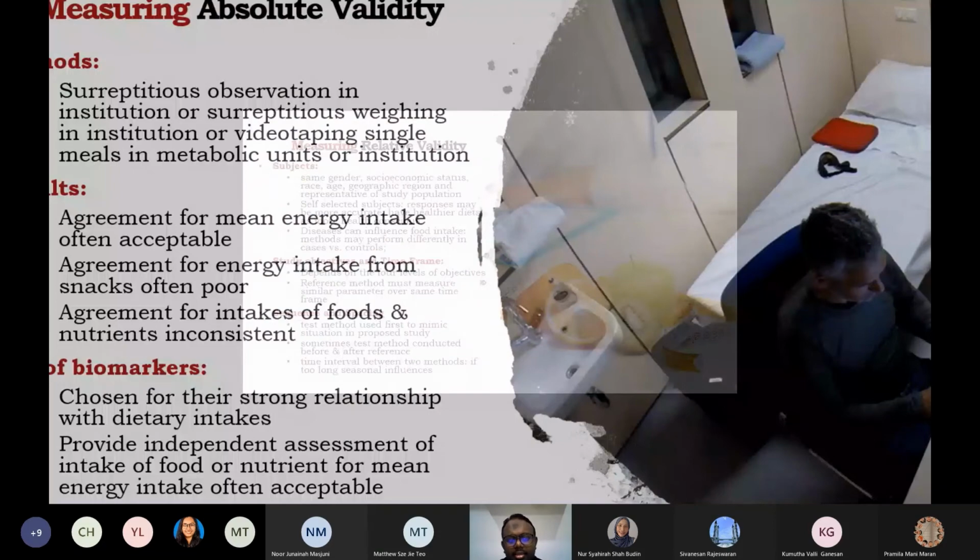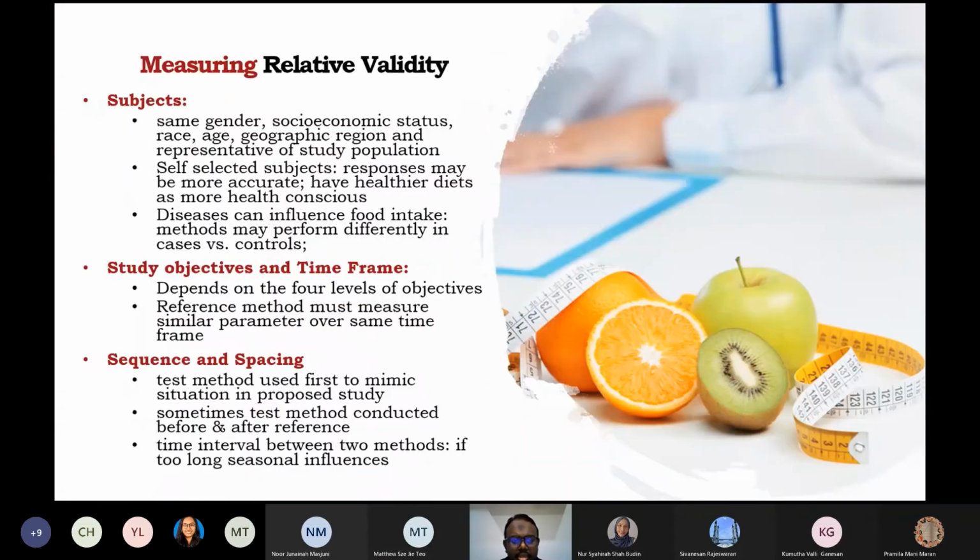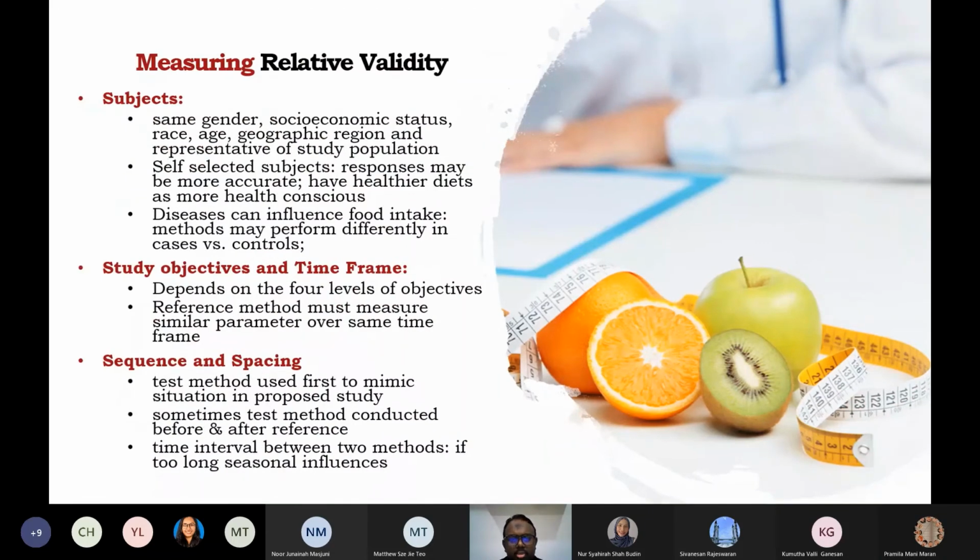Whereas measuring relative validity is when we use subjects of the same gender, socioeconomic status, race, age, geographic region, and also subjects who are representative of the study population.